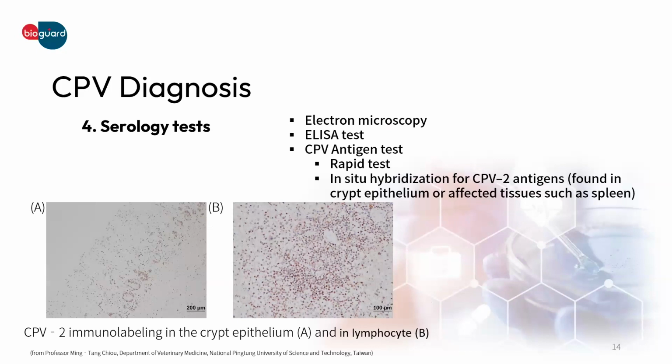Before doing the serological tests, since we are taking the serum or the blood, we can also do electron microscopy before all the other in situ or in vitro tests we are going to perform. That can also confirm the presence of CPV in the sample coming from the patient.